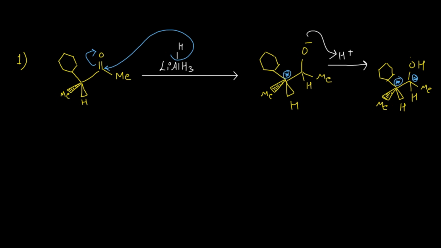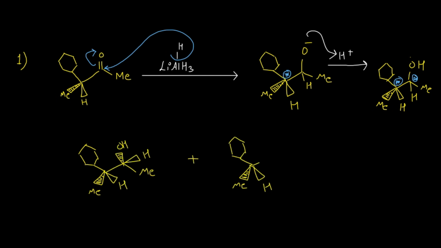Say for example, my one product is, say for example, this is R, this is also R. This remains unchanged in the reaction, this is R, and this would be S.